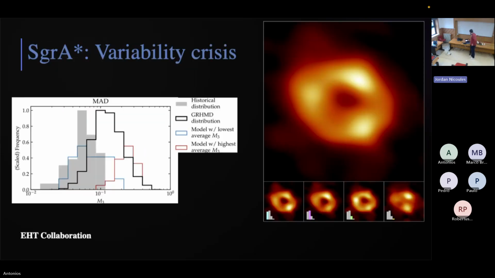So to stay a bit on Sagittarius A star and the variability crisis, this is the image of what the EHT showed. What I'm showing here is a distribution of variability. Behind this gray is a historical distribution of variability, and this is where MAD models go.